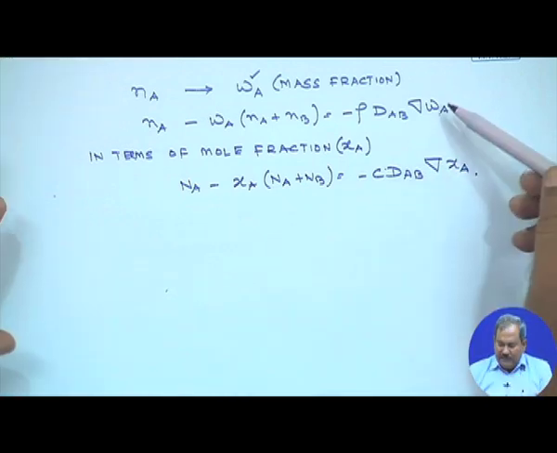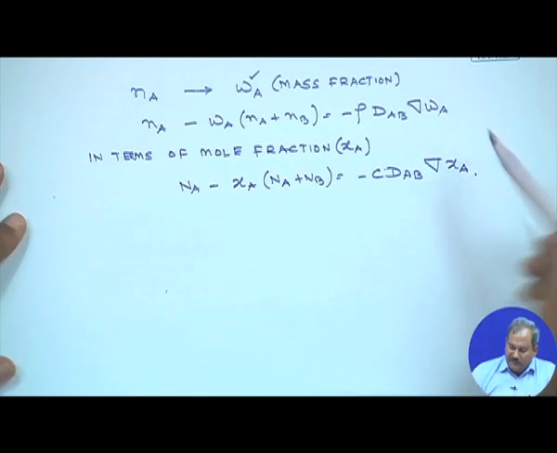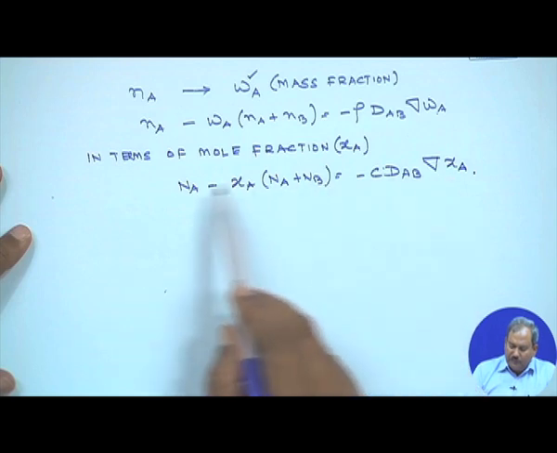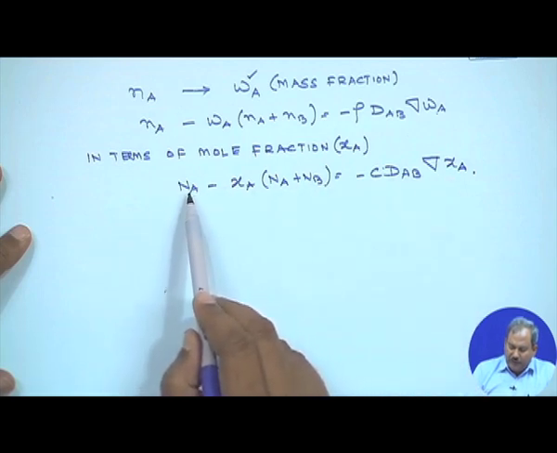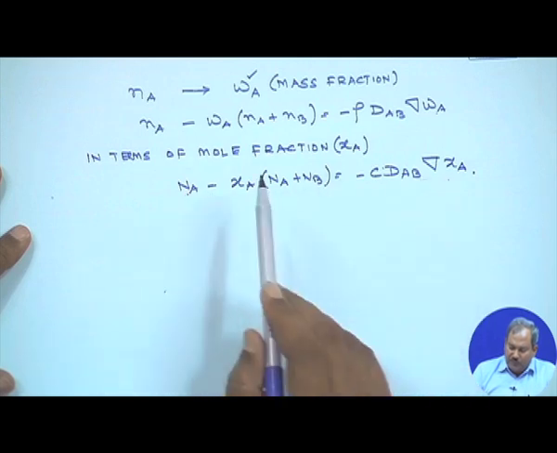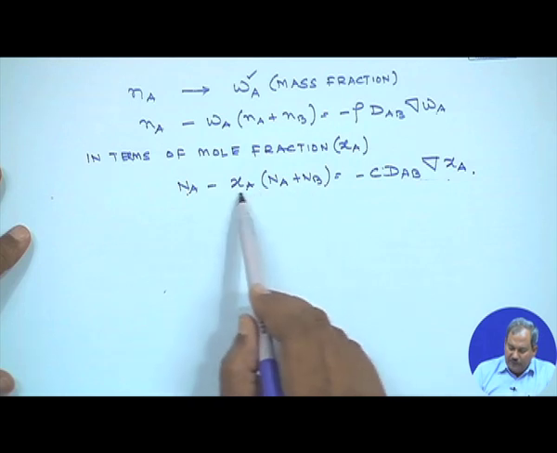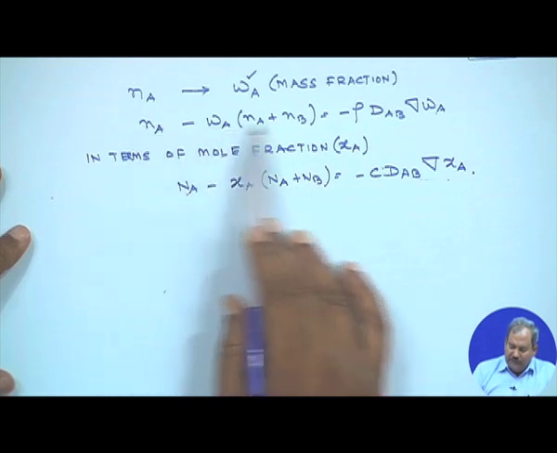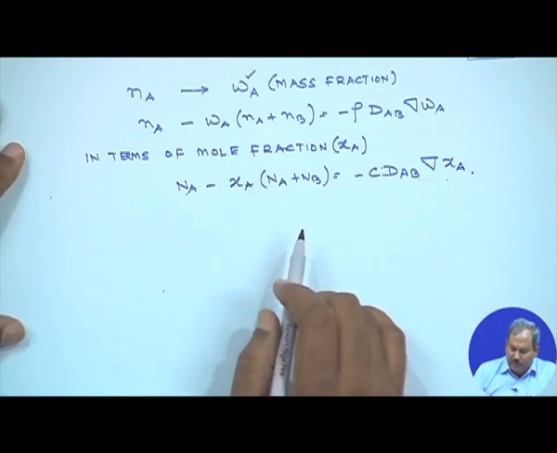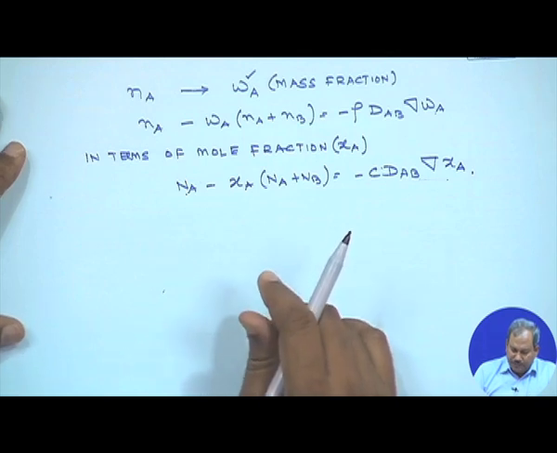Okay. So, again these two equations are identical. We have so far used this form of the Fick's law, where we have the diffusive flux and this is the bulk flow term. So, it is the same as this except the difference between mass and moles.